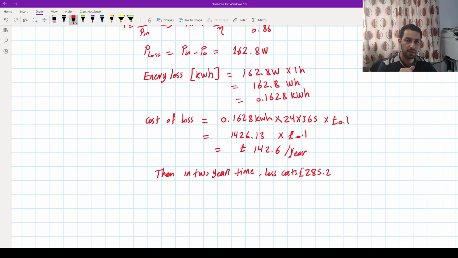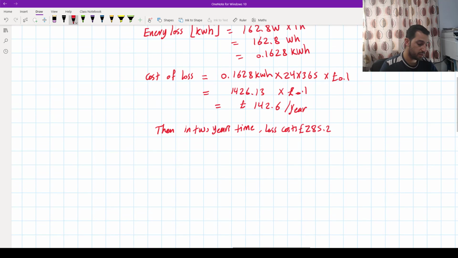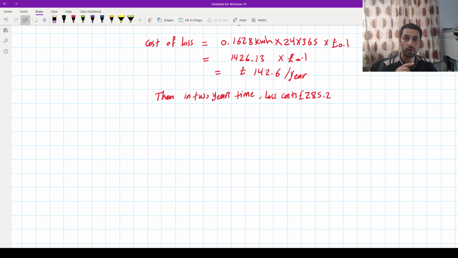But the question is still, is our converter able to minimize these losses and make it cost feasible or no? To understand this, we have to compute the same thing for our new converter.